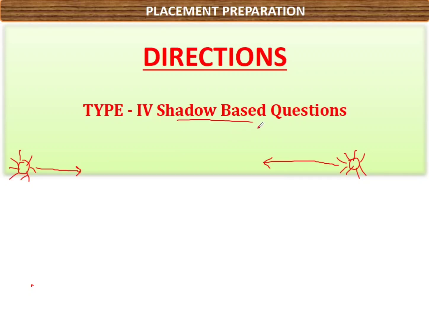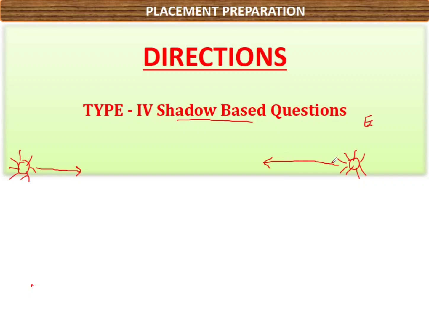Now let me ask the same question again. Morning time, sun will be in east direction. If morning time sun is in east direction, have you ever observed your shadow in the morning? Your shadow will fall towards which direction? Towards west direction. Now same situation, same morning time.